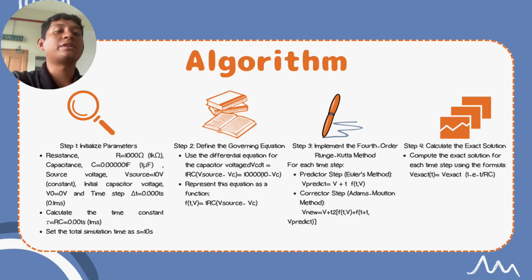For step 3, we implement the fourth-order method for each time step. For the predictor step, we use the Euler method: V predict equals V plus delta t times F(V, t). For the corrector step, we use the Adams-Moulton method to find V new equals V plus delta t over 2 times (F(t, V) plus F(t plus delta t, V predict)). And then for step 4, we calculate the exact solution, computing the exact solution at each time using the formula.